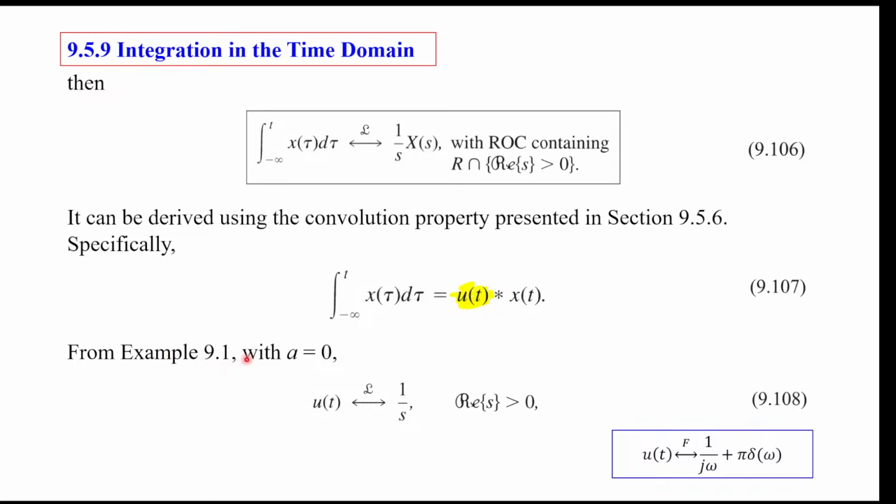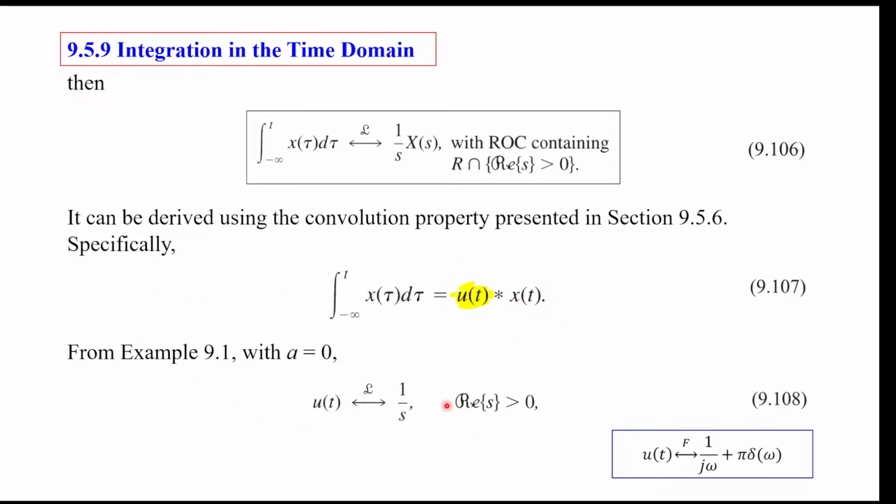In example 9.1, we derived the Laplace transform for u of t, because u of t is just an exponential decay function setting a equal to 0. So in example 9.1, we already derived the Laplace transform of u of t to be 1 over s with ROC real part of s greater than 0. From this we can derive our integration property by saying that integration is the convolution between u of t and x of t.